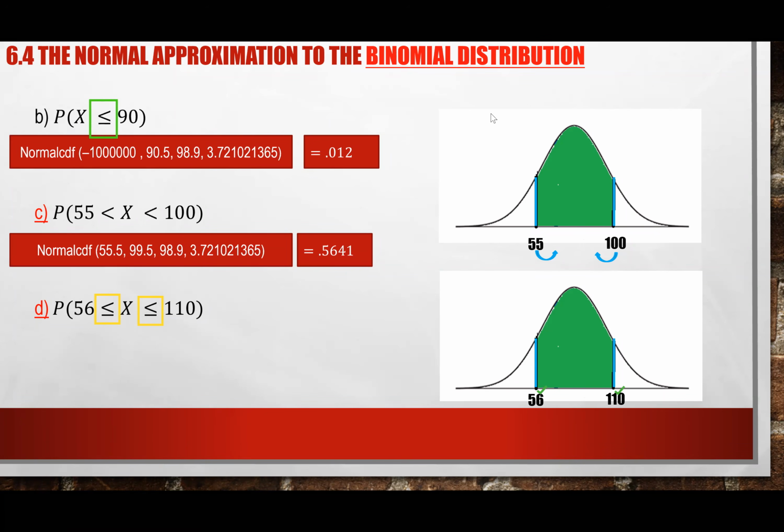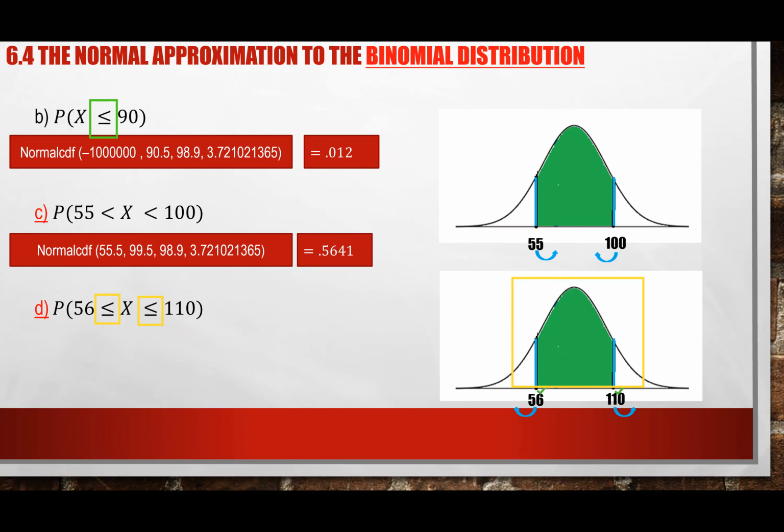To include this endpoint, I need to extend this area bigger. Whatever the green shaded region that I have right here, I need to make it bigger so that I can include the 56 and the 110. To make it bigger, at the 56, I need to move it to the left, and at the 110, I need to move it to the right.